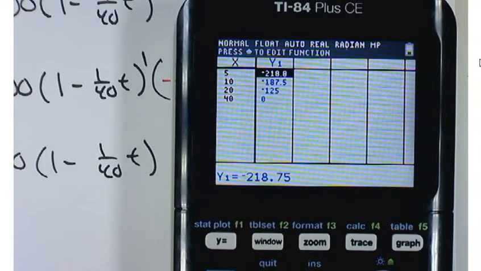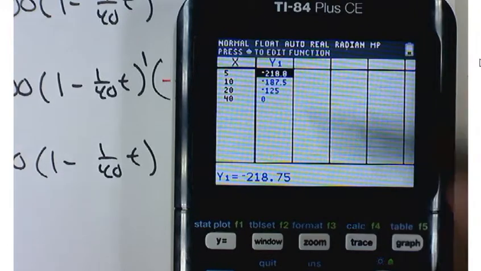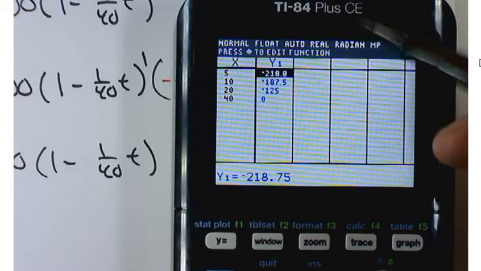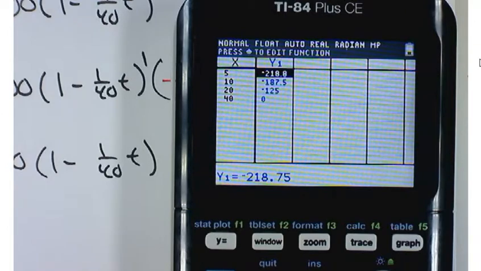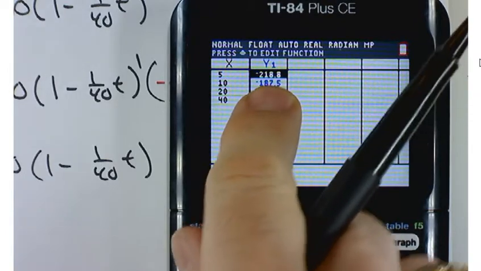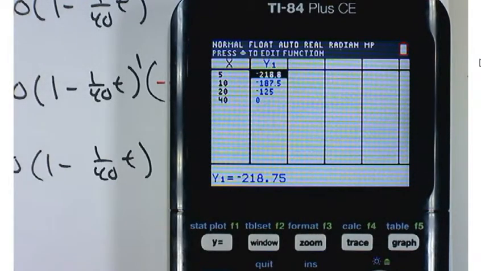Yeah, it's decreasing. It's not coming out as much. What do you think the negative reflects in all this? Yeah, you're losing water, right? The volume is decreasing. That's what's happening here: you have water flowing out of your tank, so the amount of volume is decreasing.